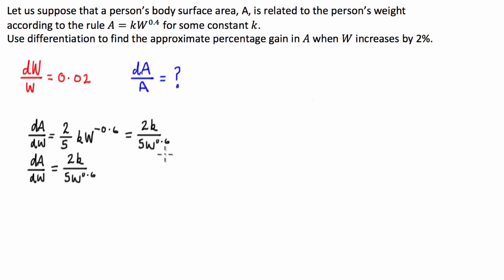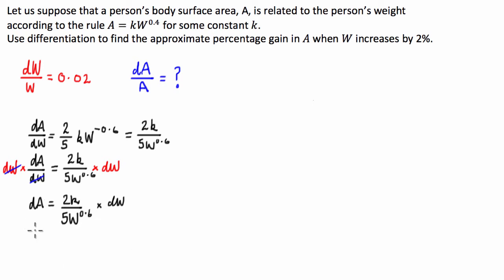So what I can do with this, guys, is multiply both sides by dW. On the left-hand side, the dW's will cancel out, and on the right-hand side, we are left with this expression. So let's just rewrite that. Great.